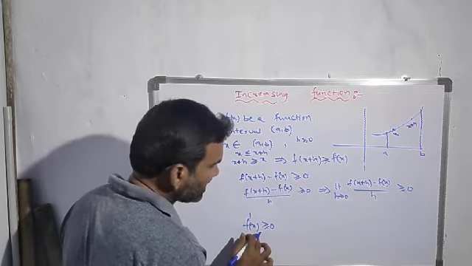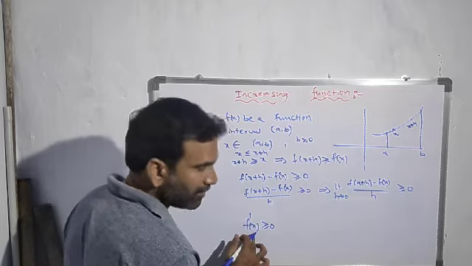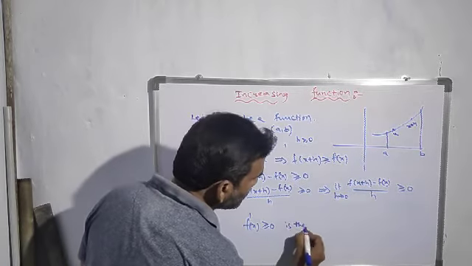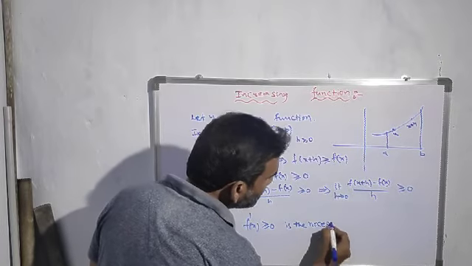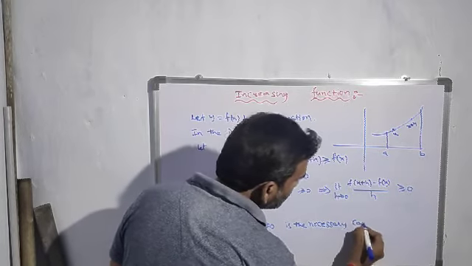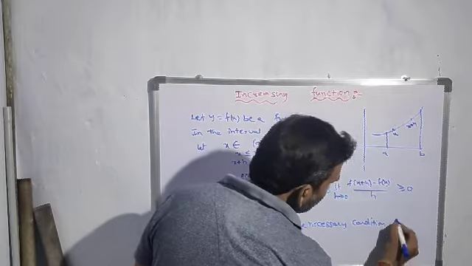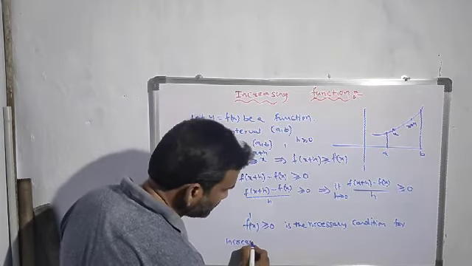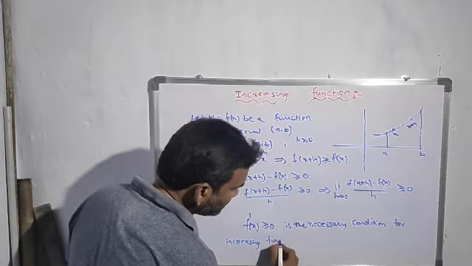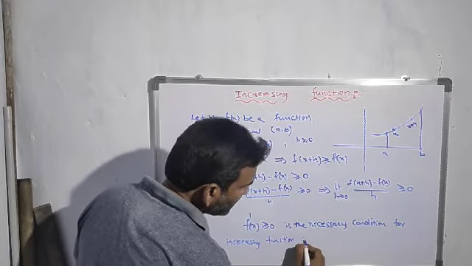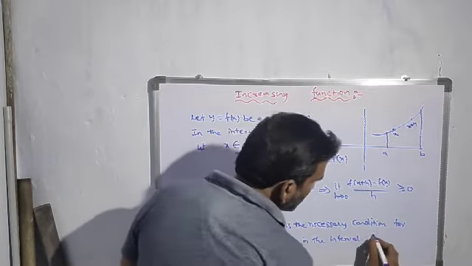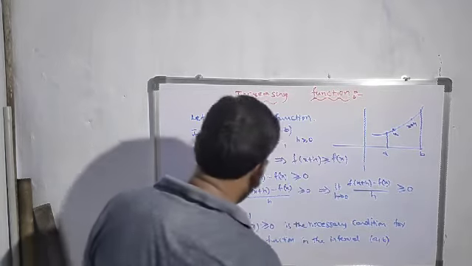Finally, what necessary condition will I get? Here I am getting that f dash of x greater than or equal to 0 is the necessary condition for an increasing function in the interval (a, b).